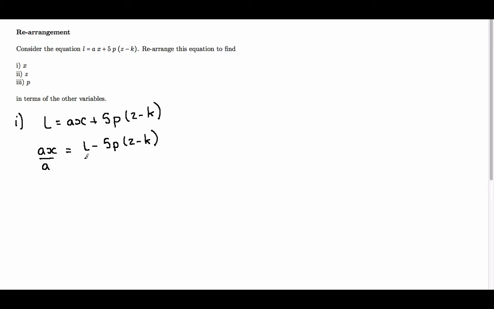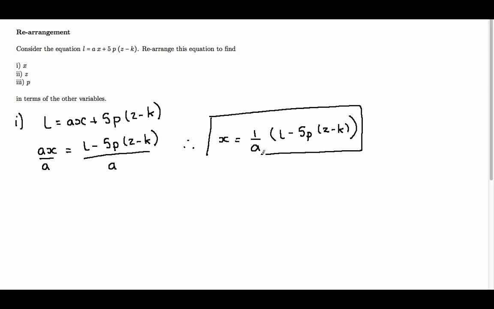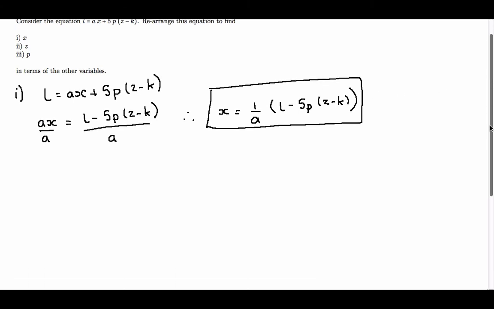And what I do to one side, I need to do to the other side. Therefore I find that x is 1 over a times L minus 5p times z minus k. So that's my first rearrangement.